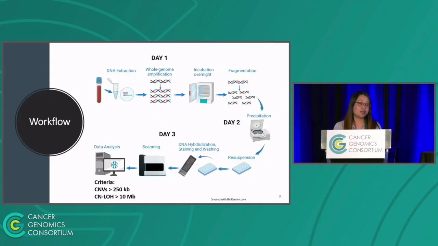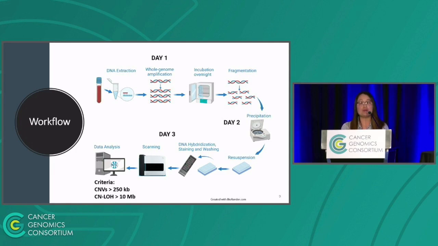This array is a 3-day workflow, from array processing to array scanning. Array processing includes whole genome amplification on day 1, then incubation overnight. On day 2, we fragment the DNA into 300 to 600 base pairs, then purify using isopropanol precipitation, buffer resuspension, and then hybridize onto the BeadChip.